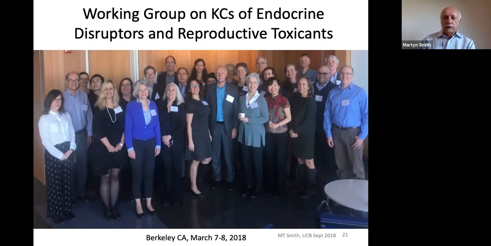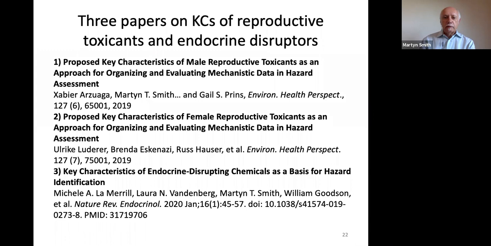So this group got together and they produced 3 papers describing the key characteristics of male and female reproductive toxicants and the key characteristics of endocrine-disrupting chemicals, which Laura Vandenberg and Tom contributed greatly to, along with Michelle, in developing these papers.